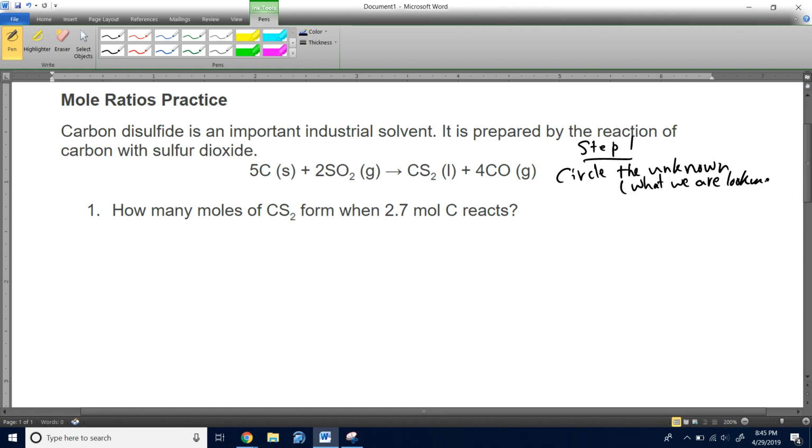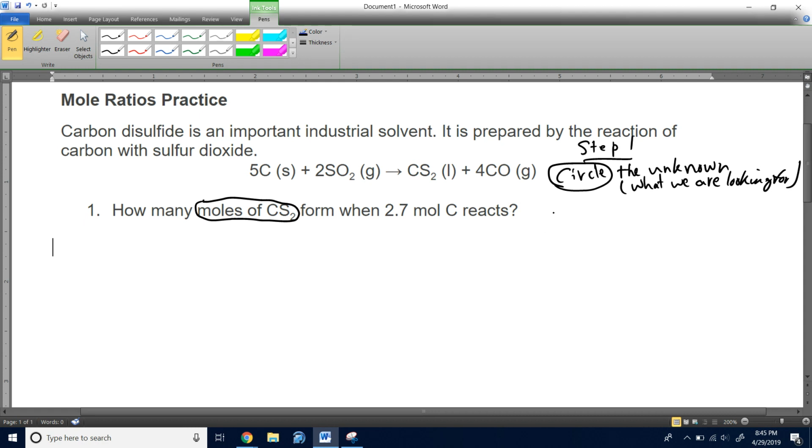So we want to circle that. So what are we looking for? Here we are looking for moles of CS2. Okay, that's what we're looking for.